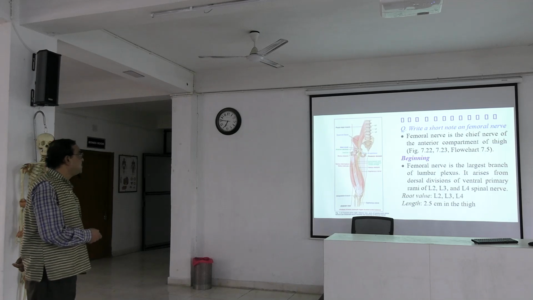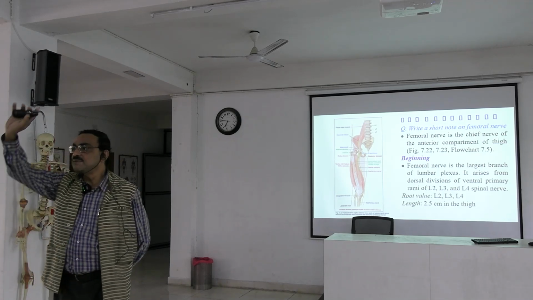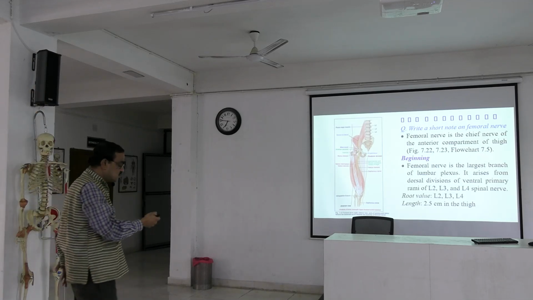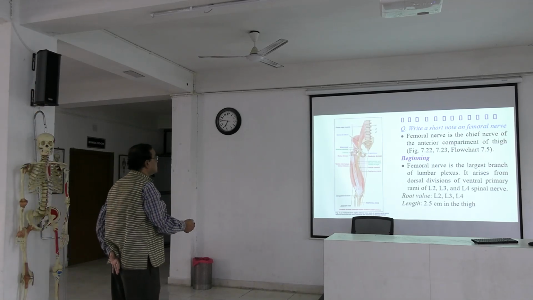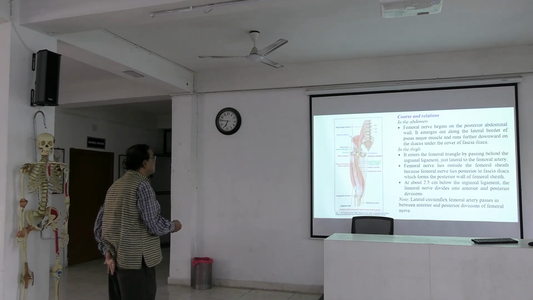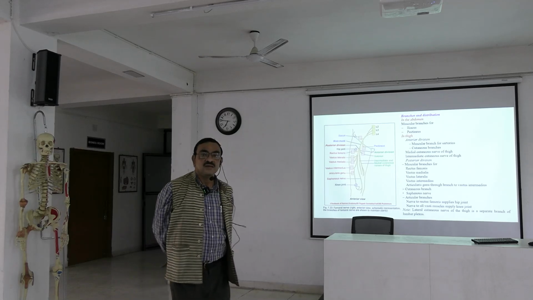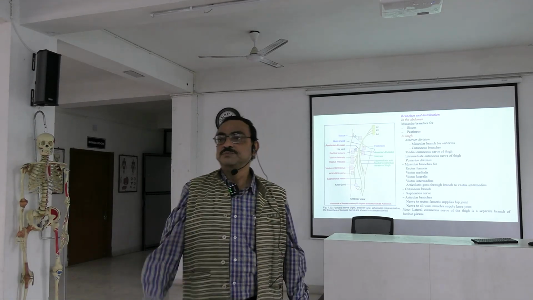Now you can see the femoral nerve. About the femoral nerve, you just look at the picture. This is the femoral nerve, and the femoral nerve divides into two.